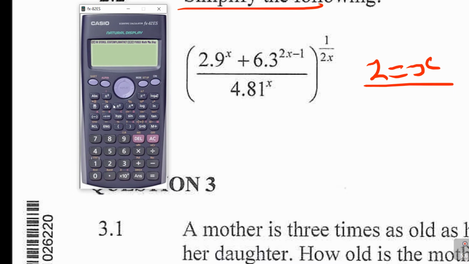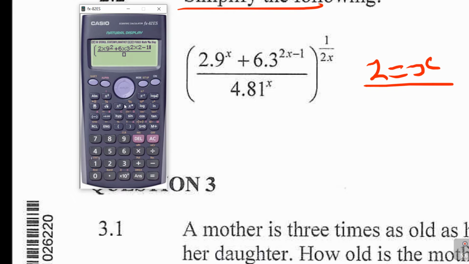So there we go. First that and that. So it's 2 times 9, remember x is equal to 2, so 9 to the power of 2 plus 6 times 3 to the exponent 2x, which is 2, minus 1. Do you see what I'm doing?